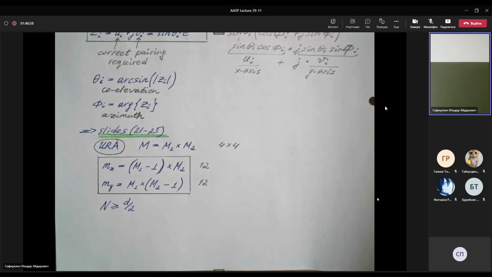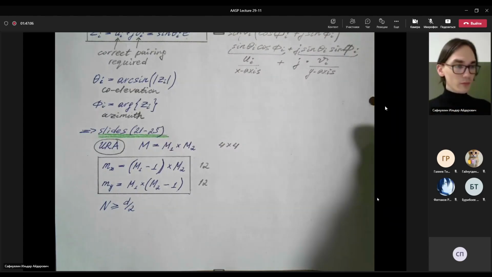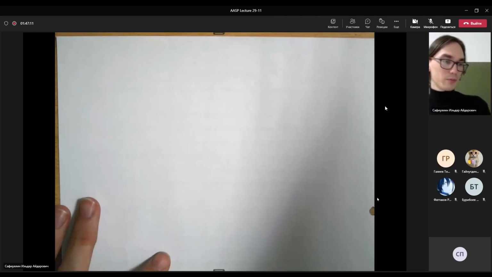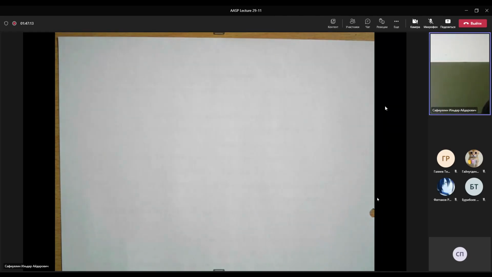Then we start with the signal source space E sub S, and here we will use first capital S as the true signal source space, and then we will go to the small s, which is the estimate of this signal source space.